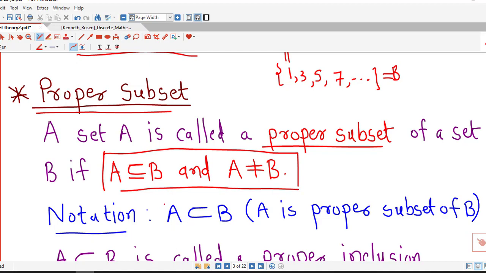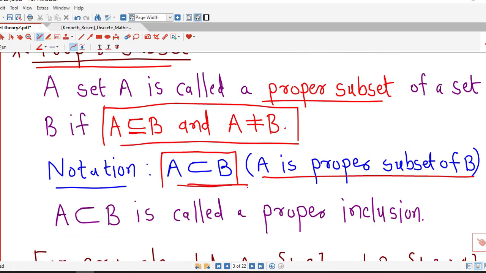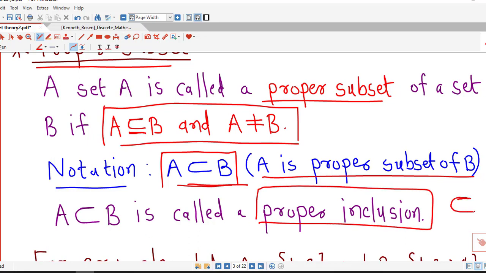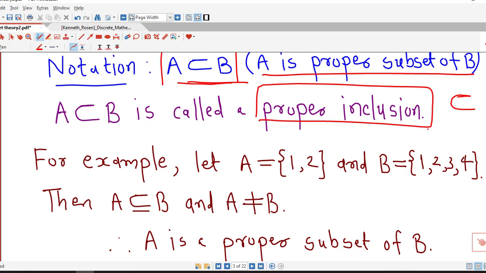And to show that A is a proper subset of B, we will use this notation. We will not use this equality sign in proper inclusion. So this is notation for proper subset. This notation is called proper inclusion, and this notation is simply known as inclusion.